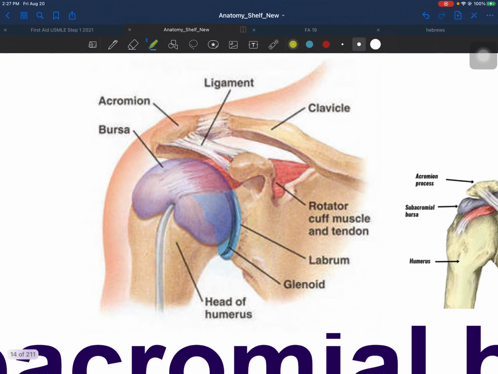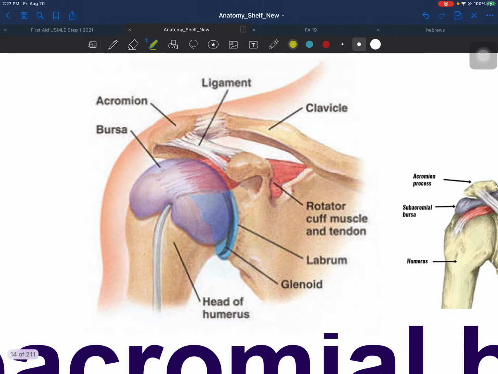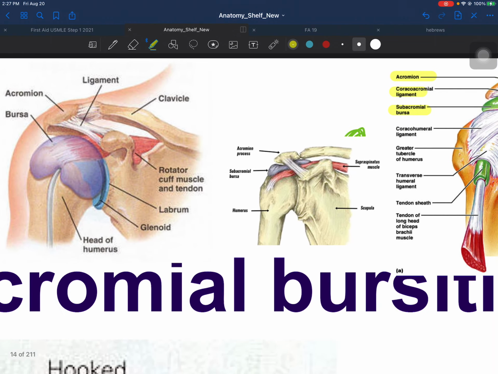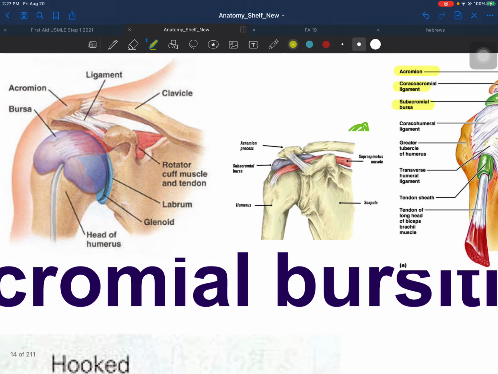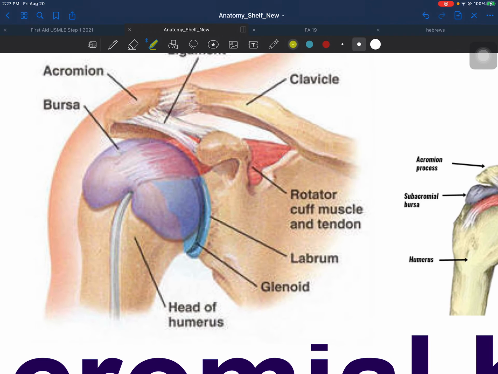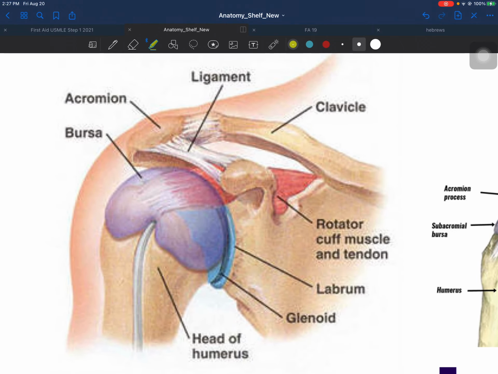So then let's take a look after we remove most of the stuff. This is the ligament that was mentioned earlier, which is the coracoacromial. The coracoacromial ligament is right here, and this is the acromion. This is the bursa we're talking about, the one that has the bursitis.